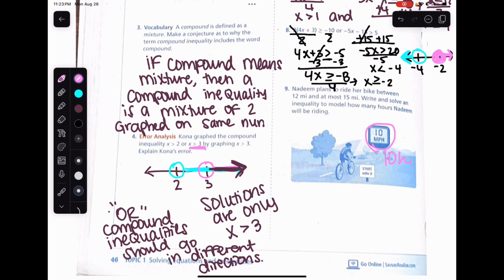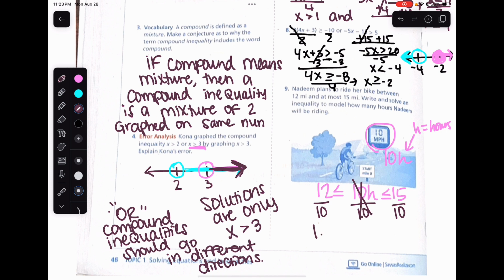Okay. So we'll have between 12 and 15. And they said at most that much, right? Then we've just got the 10h here, because 10h is my h is hours. Right, and if I want to know between how many hours she's going to be doing this, all I'm going to do is just divide everything by 10 to get that h alone in the middle.